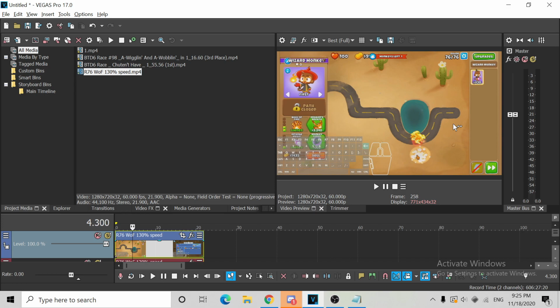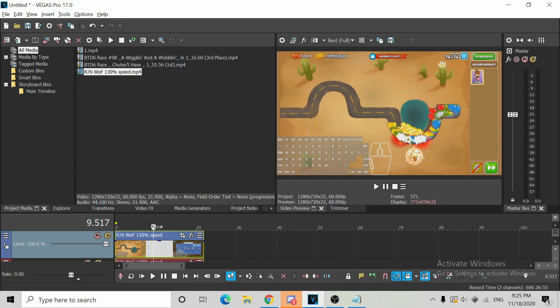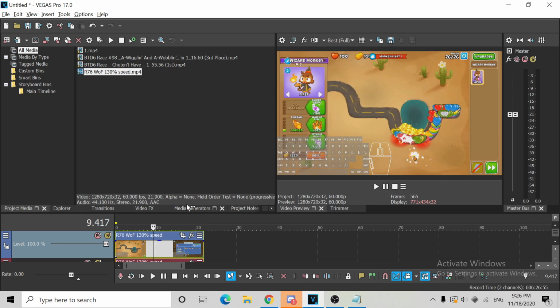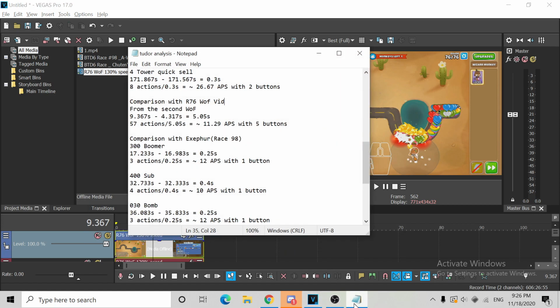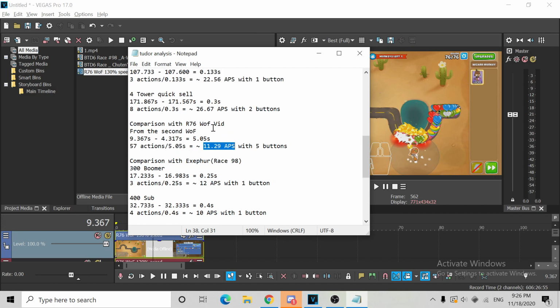So as you can see here, he tested his whiz hockey at 4.317 seconds, and he sold his last whiz on 9.367. So that gives us about 11.29 APS with 5 buttons. But this value is significantly lower, mostly because it is over a prolonged amount of time.